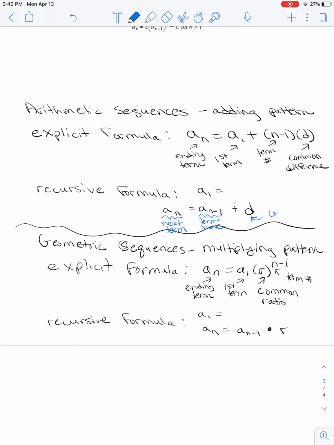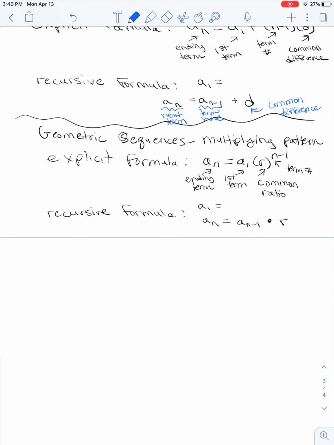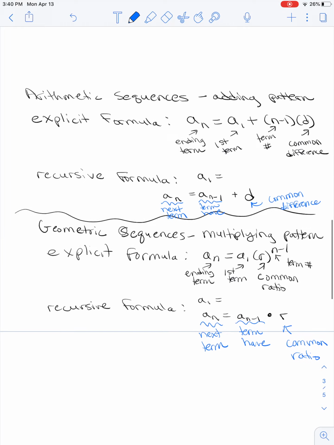Okay, and in an arithmetic sequence, this is the d value, your common difference. That means how much you're adding to get from one term to the next. And in your geometric sequence, the a sub n minus 1 is the term you have. The a sub n is the next term. And the r value is the common ratio, or your multiplying factor.